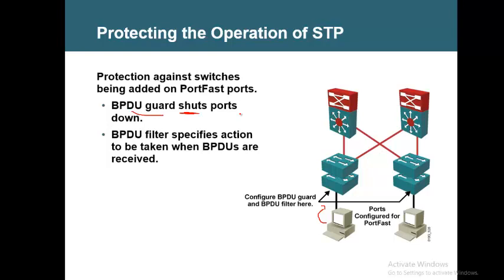Whereas with BPDU filter, you have an action option. You have an option to say this is the action to be taken. The default action when you enable BPDU filter is to just ignore those BPDUs, filter those BPDUs coming in. Filter it, don't allow them inside. Keep the port up. So in short, the difference between BPDU guard and BPDU filter is that BPDU filter just filters out the BPDUs.